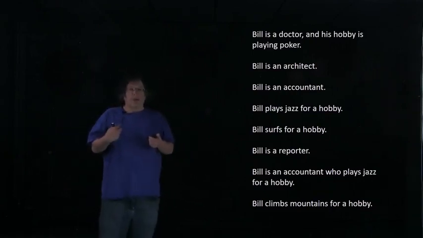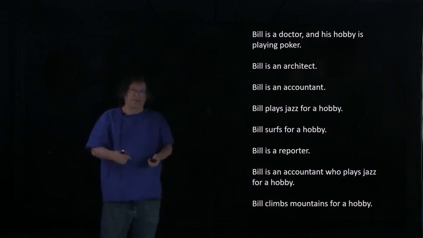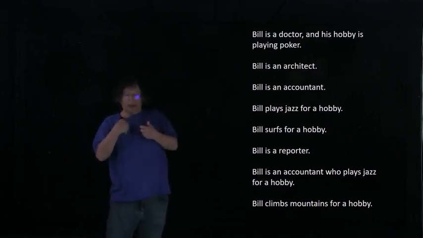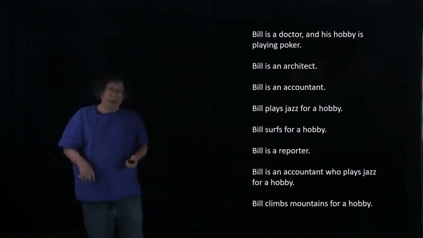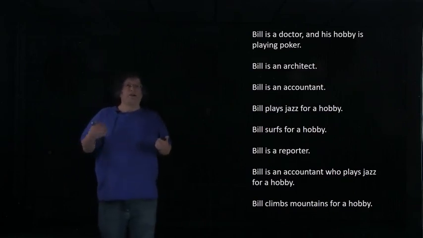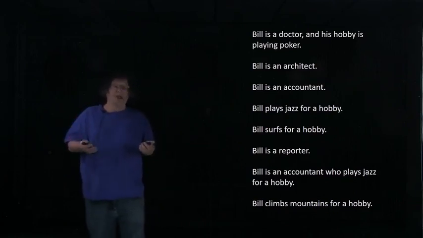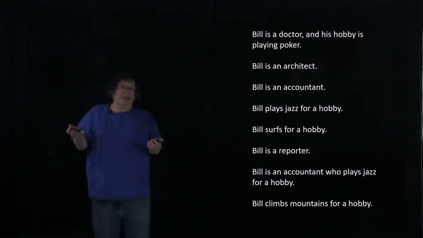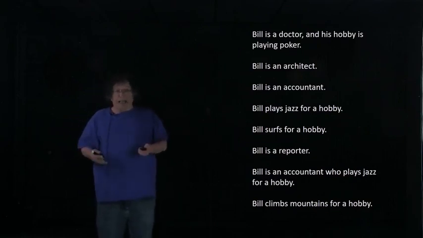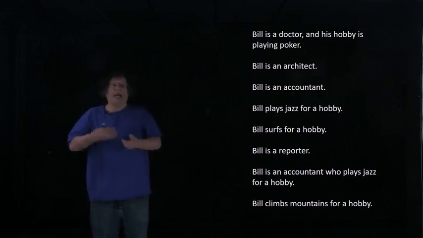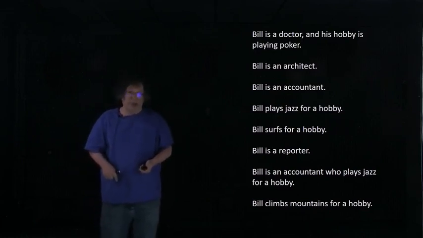Now, when people see this example, me included, I read this example, thought about it. Yeah, of course, once you think about it, it has to be more likely that Bill plays jazz for a hobby than that he plays jazz for a hobby and he has a particular profession.